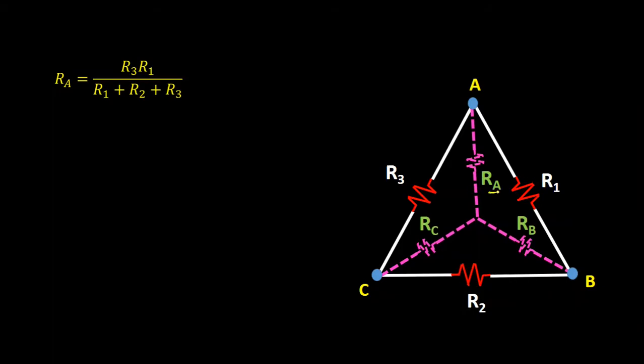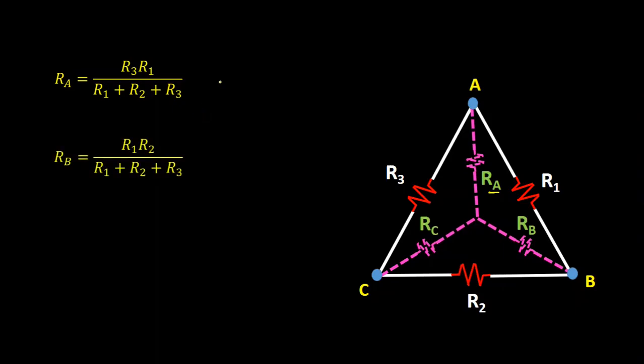RA will be equal to R3 into R1, means the opposite resistances present in the delta connected network, which is opposite to this RA resistance. So RA will be equal to R3 into R1 whole divided by sum of all the resistances present in the delta connected network. So it will be R1 plus R2 plus R3.